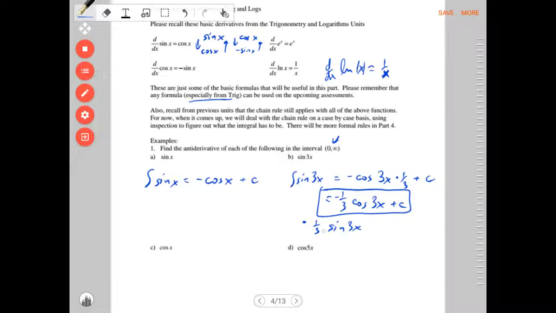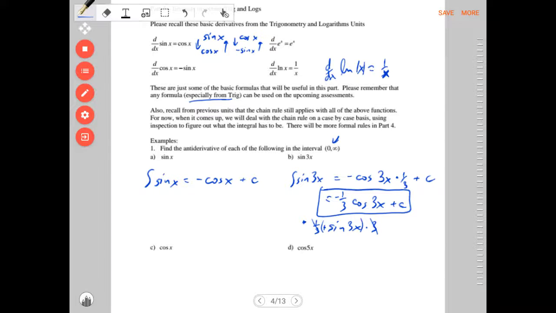So negative 1/3, then negative sine 3x, and then we multiply by the chain rule, so we get an extra 3 out of that. The two negatives cancel, the 1/3 cancels with the 3, and you end up with plus sine 3x, which is exactly what we're supposed to get. So remember, the chain rule on this one would give us a 3, so we have to get rid of that 3 by multiplying by a third.